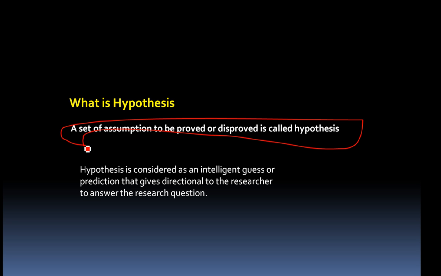Webster in 1968 defined hypothesis as a tentative assumption made in order to draw out and test its logical or empirical consequence. Testing means either to prove it wrong or to confirm it.